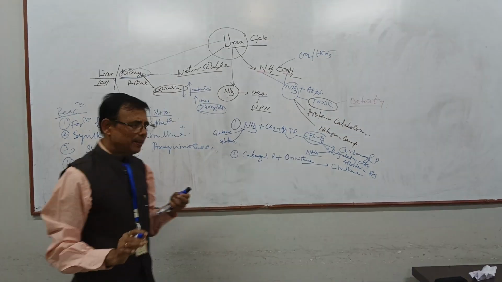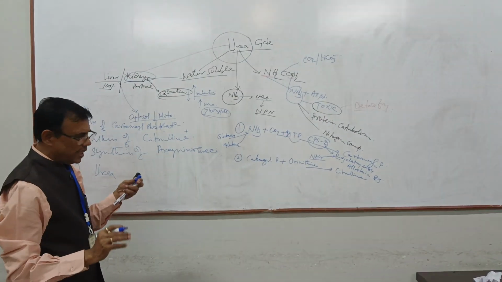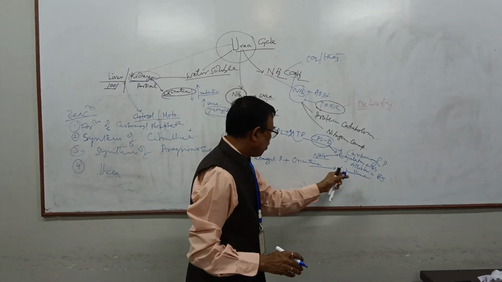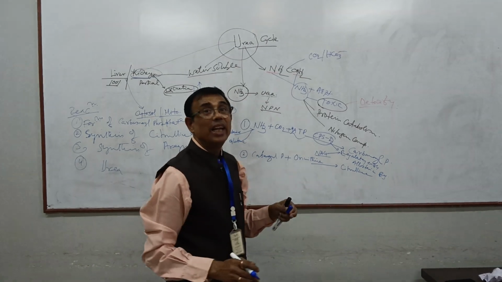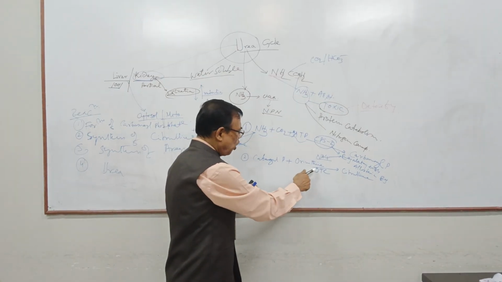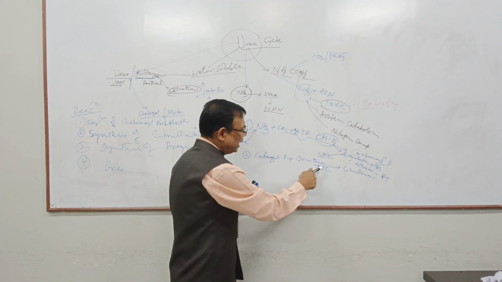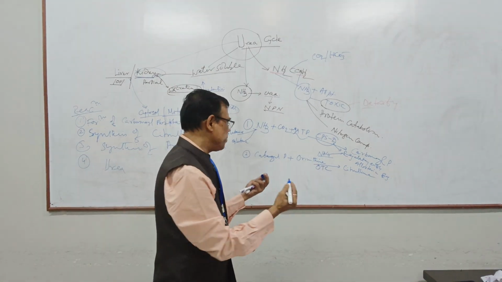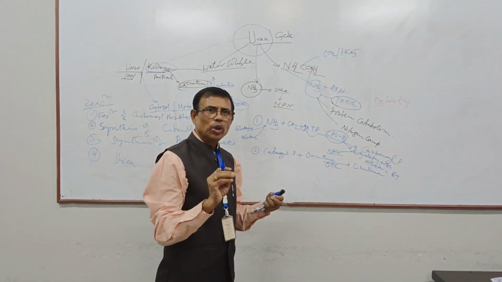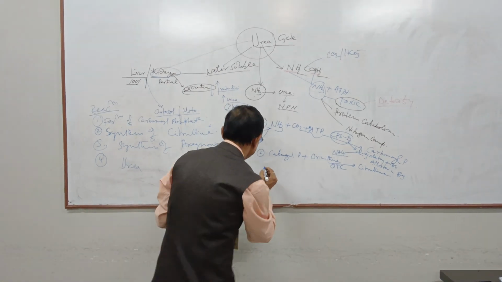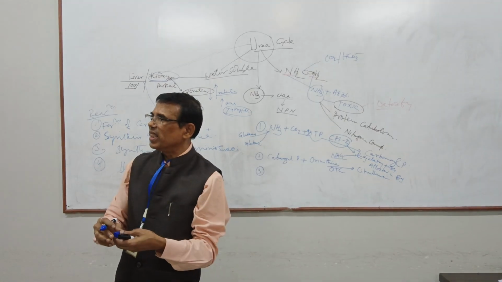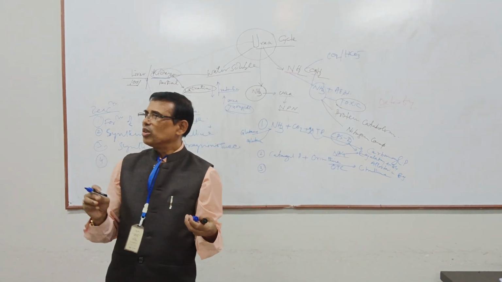Clear? So for that, what is needed? You need carbamoyl phosphate with ornithine, by the enzyme ornithine transcarbamylase, known as OTC, sometimes called ornithine carbamoyl transferase. So OTC will form citrulline.